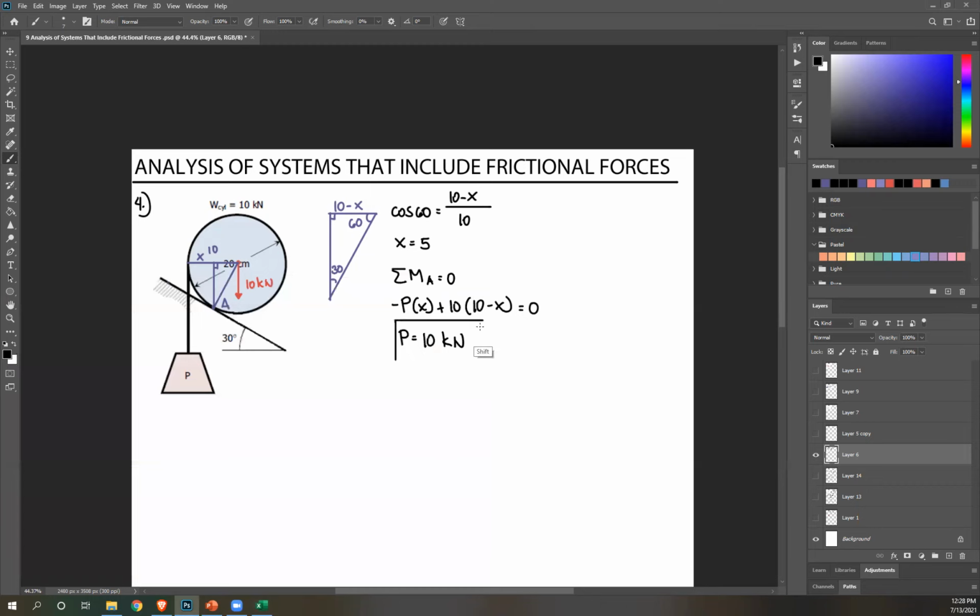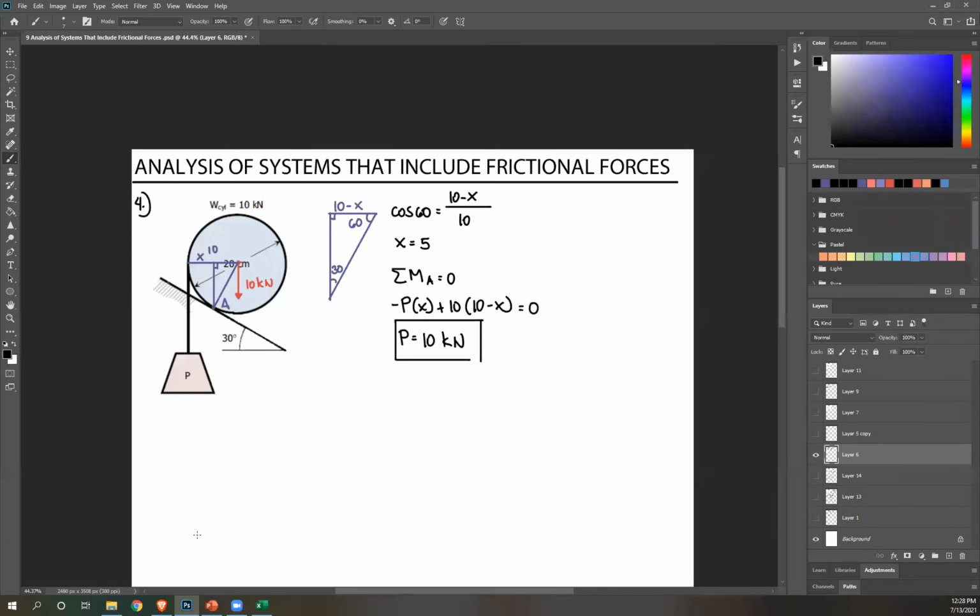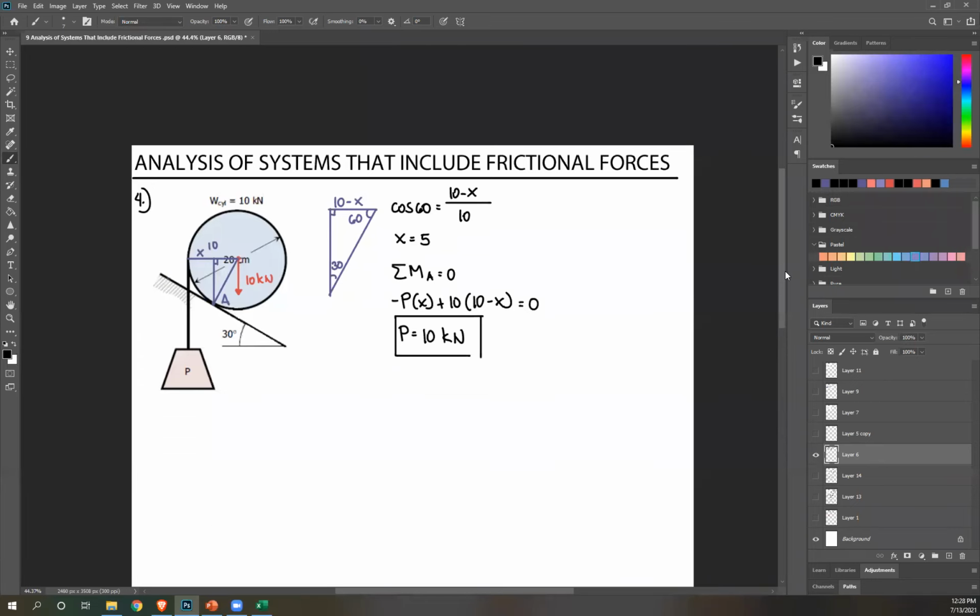Okay, now we have an answer. Next is, what are we solving for again? Coefficient of friction. So that includes knowing what friction is. Right. So one way to solve for this is to use moment again, but instead moment about this point. Okay. And then now you're gonna include your reactions.